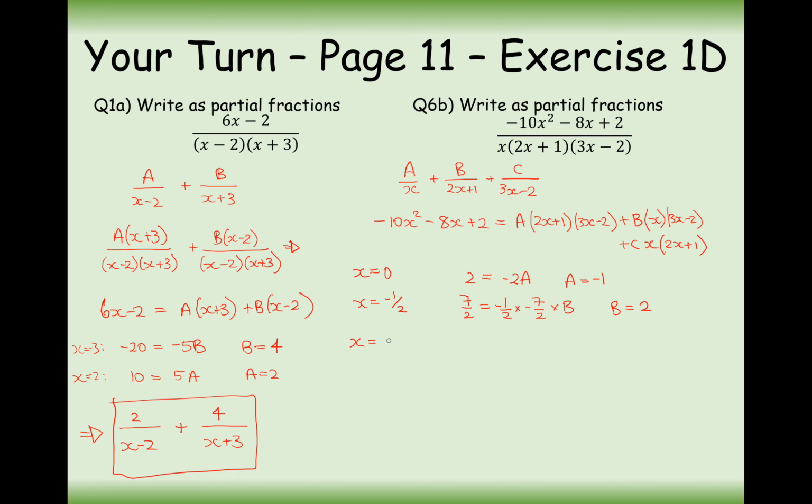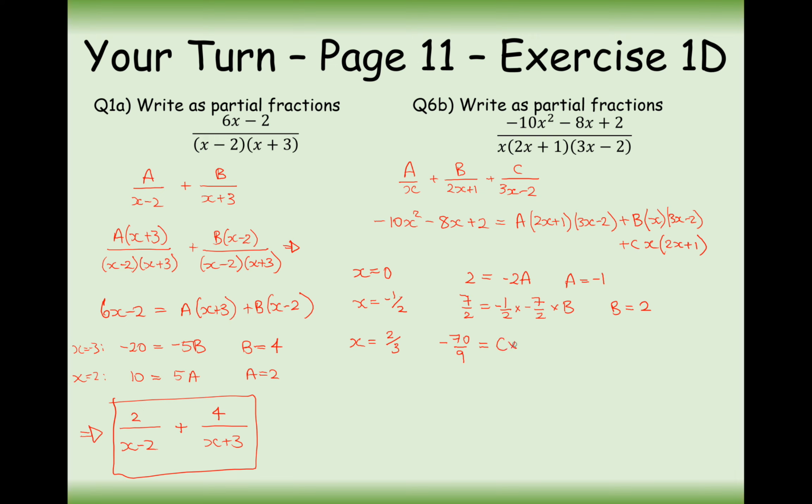And in the final case here, we're going to need the 3x minus 2 bracket to equal 0. So I need x to be 2/3. Okay, so substituting in 2/3 onto the left-hand side, wow, I get minus 70 over 9. Geez, it's a bit big. The A term will disappear, the B term will disappear, so I've only got my C term left.